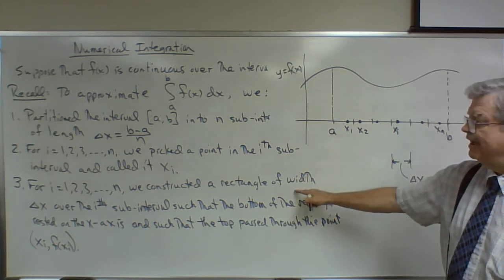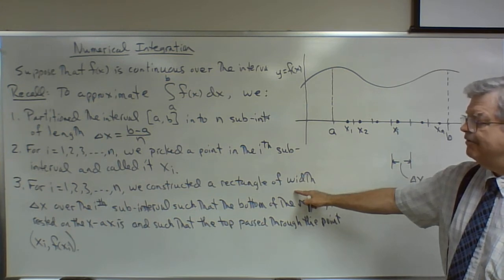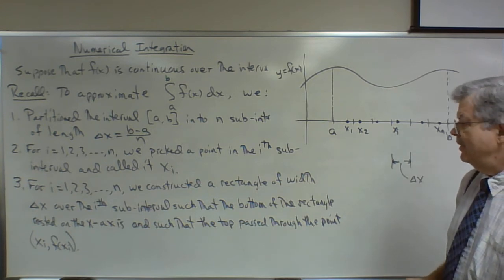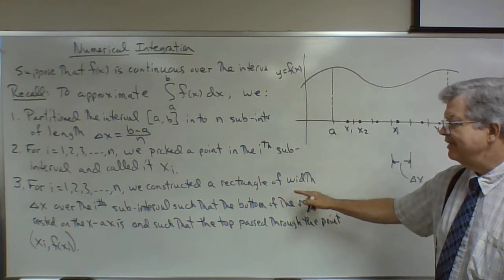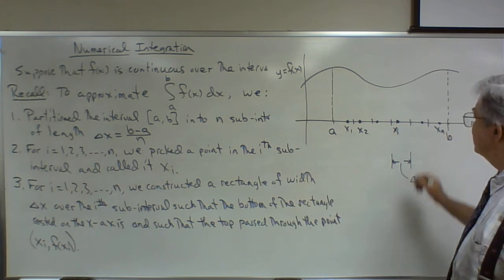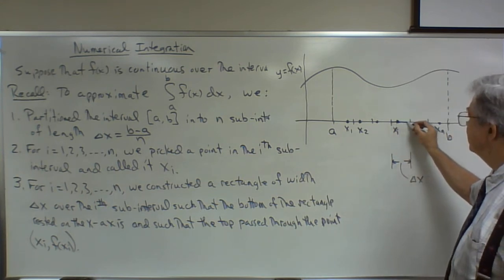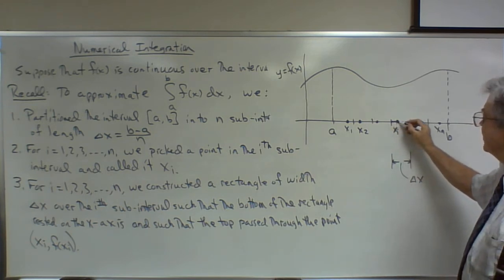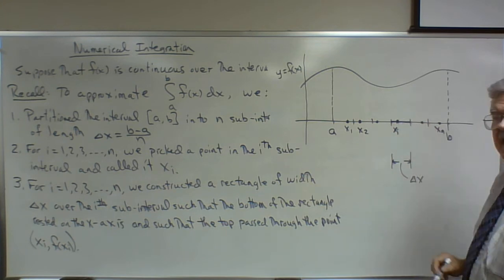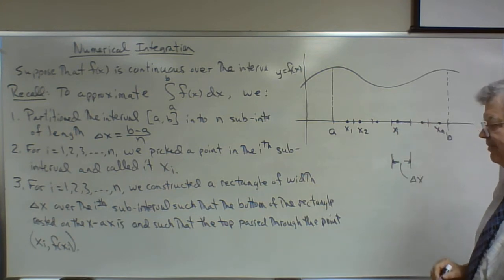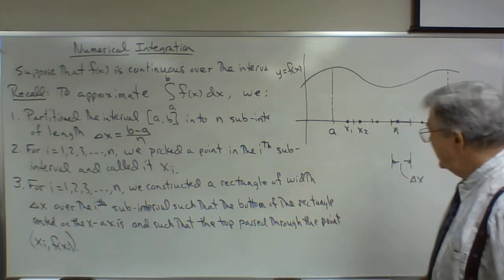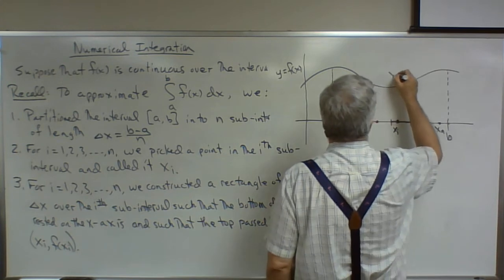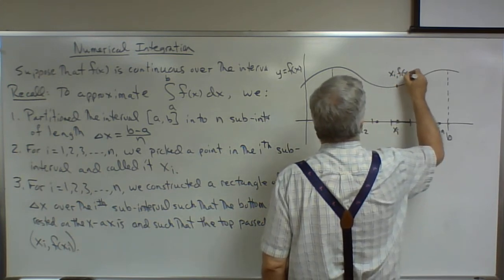So point 3 says, for i equal 1 through n, in other words, over each subinterval, we'd construct a rectangle of width delta x such that the bottom of the rectangle rested on the x-axis. So here's the bottom of the ith rectangle. And such that the top of the rectangle passed through the point x sub i, f of x sub i.